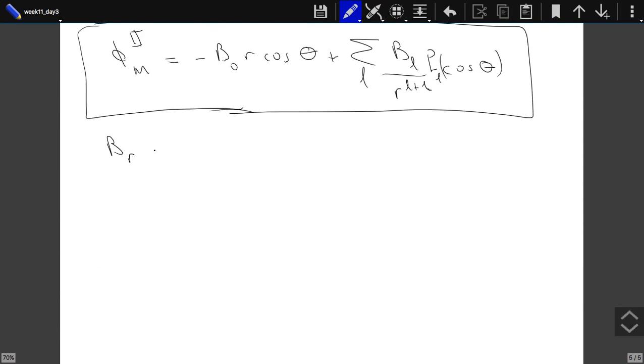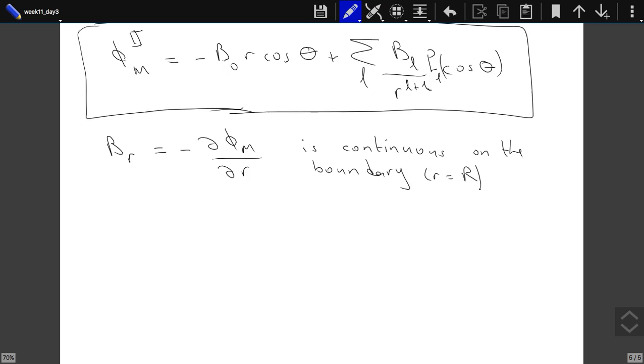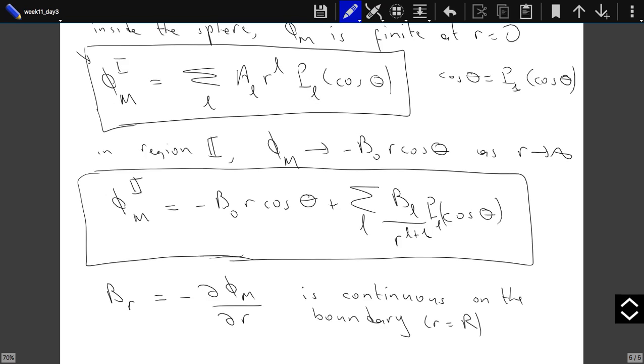So B_r, which is nothing but minus d phi_m by dr, is continuous on the boundary, which is at r equal to capital R. So if you take the derivative of phi with respect to the radial coordinate and place small r equal to the radius, whether we use phi_m1 or phi_m2, we should get the same result.